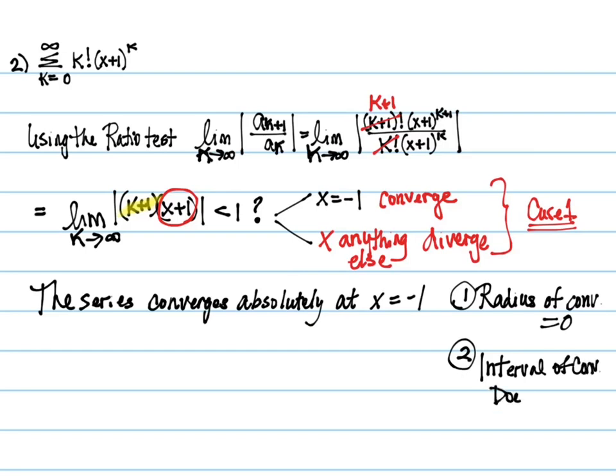The interval does not exist because it's only a specific point at which it exists. Make sense? So it's always going to converge, even if it's super limited convergence, which would be this case.